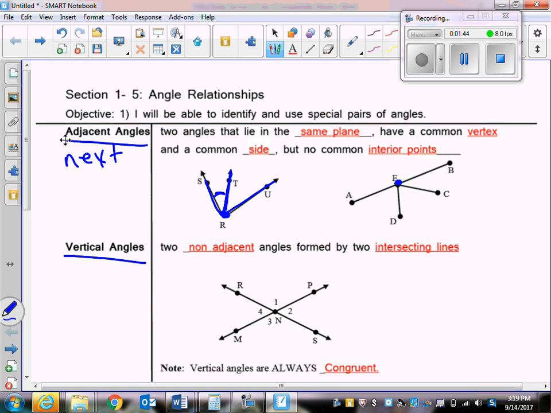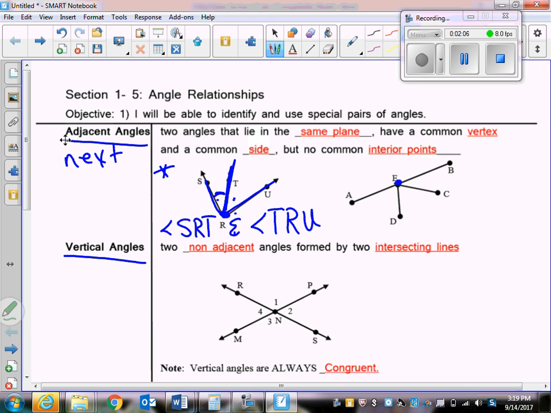So in the first example, I can say angle SRT and angle TRU are adjacent angles. They are next to each other. They have a common line that they share.